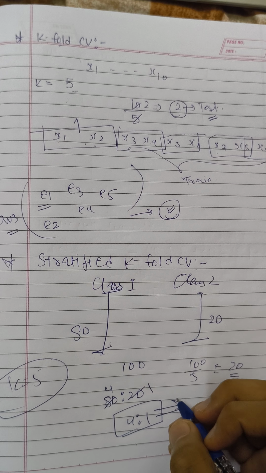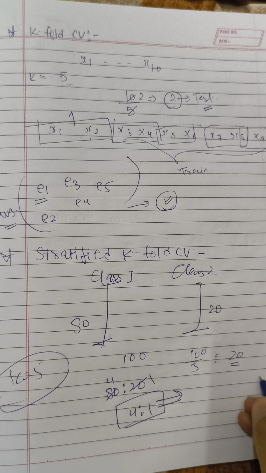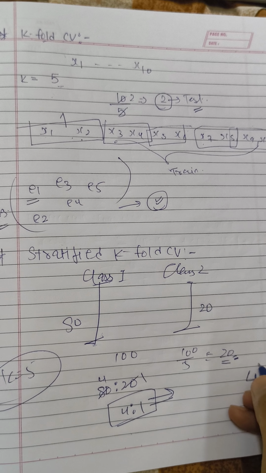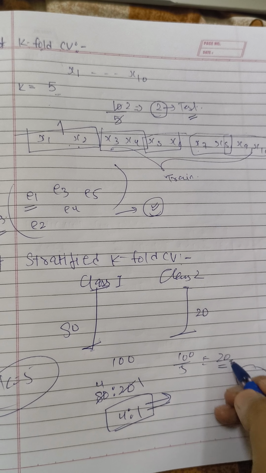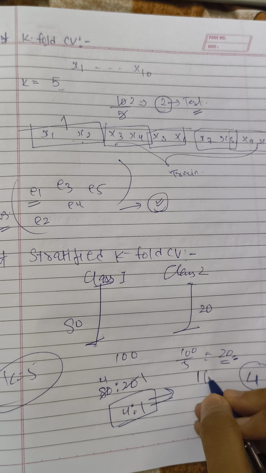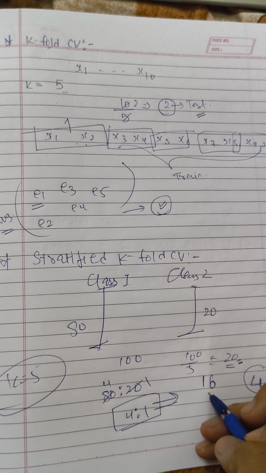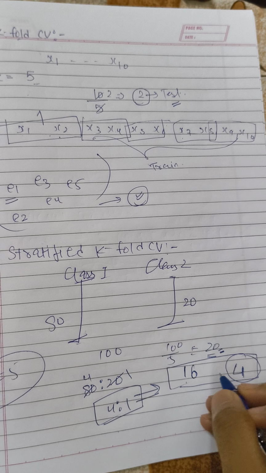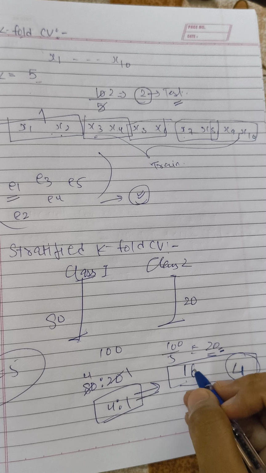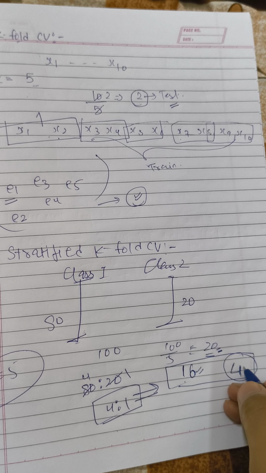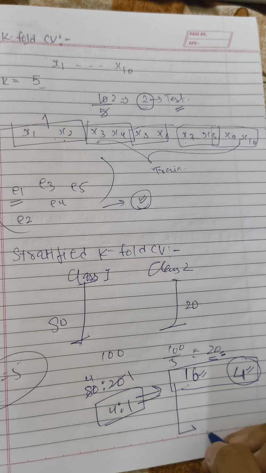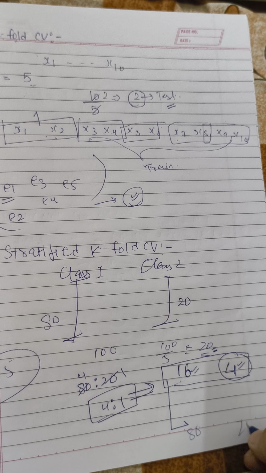I have to choose 20 in total, so if I choose 4 data points from class 2, then I will choose 16 data points from class 1, and the similar step will take place. So in each fold there will be 16 data points from class 1 and 4 data points from class 2, and similarly 5 folds will be made like this. So 80 will come here, 20 will come here.